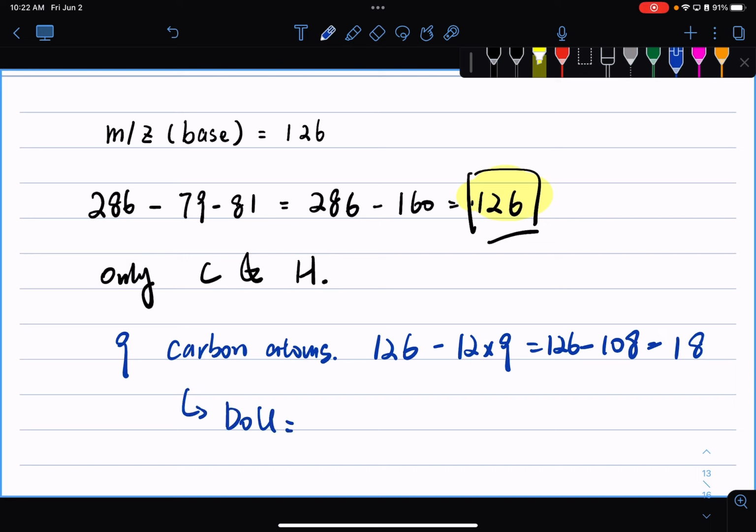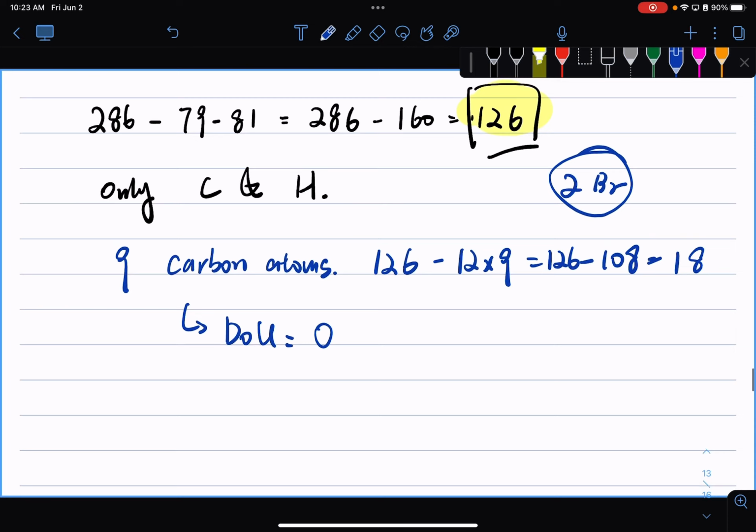And also remember, we have 2 bromines around, right? And those 2 bromines count as hydrogen when you're calculating degree of unsaturation. So here, this 18 hydrogen is assuming we have 0 degrees of unsaturation. That's not correct. You can't have 0 degrees of unsaturation because our molecule is aromatic.